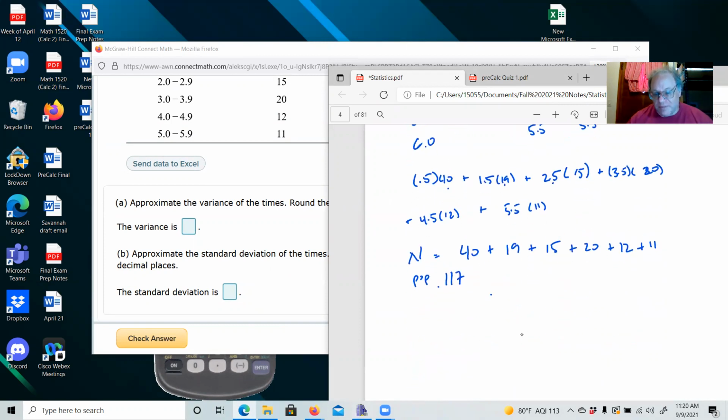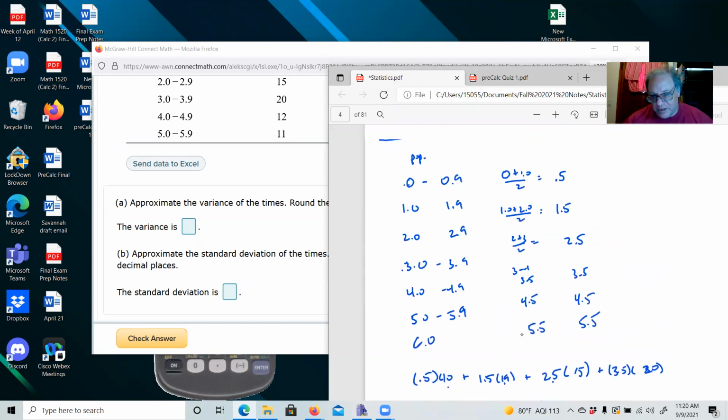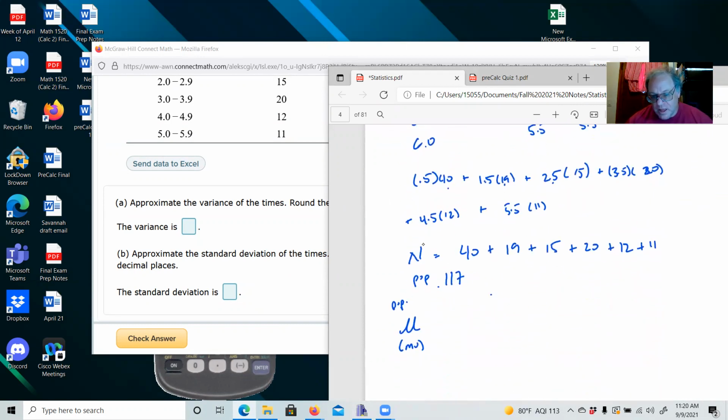This is how we're going to do our average, right? Remember, this guy's name is mu. This is our population, since they said they wanted it treated as a population average. So it's going to be 0.5 times 40 plus 1.5 times 19. It's 2.5 times 15 plus 3.5 times 20.